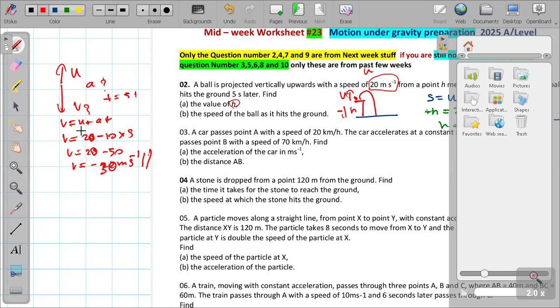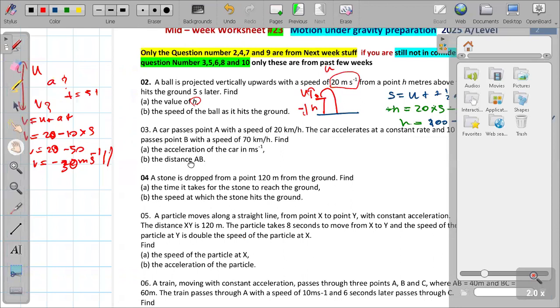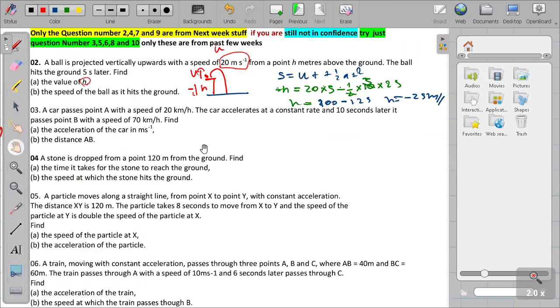Yes, sir. Okay. A car passes a point A with 20 kilometers per hour. It accelerates at a constant rate, and in 10 seconds it passes point B with 70 kilometers per hour. So here I have to convert this: 70 into 5 over 18. This is u, this is v, and the time is there.